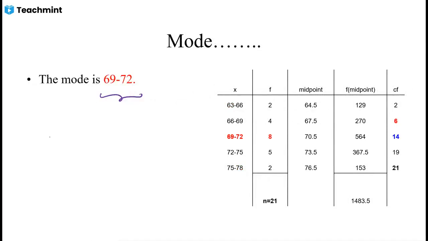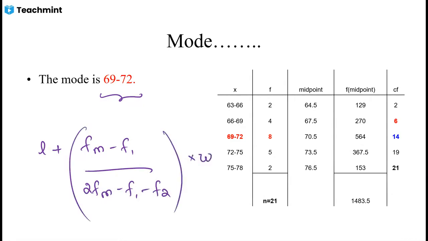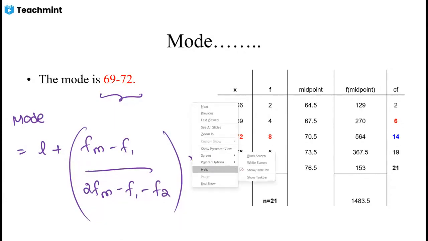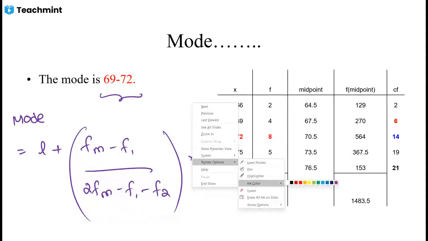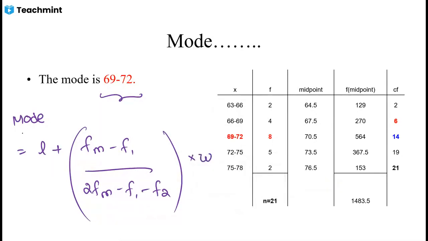We can use this formula: L plus (Fm minus F1) divided by (2 Fm minus F1 minus F2) into W. If you want to find the exact mode value, this is the mode class we are getting, right? We are not getting the mode. We got the mode class, is it? So one thing you can use is this big formula. I'll just show you what this F1, F2, L is, LM, Fm minus F1.